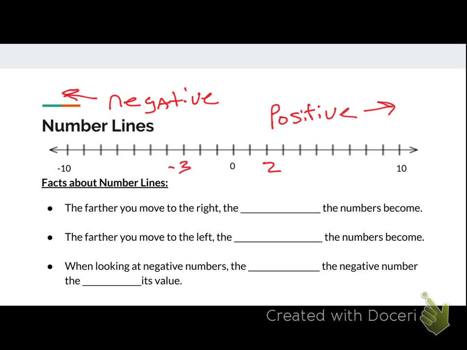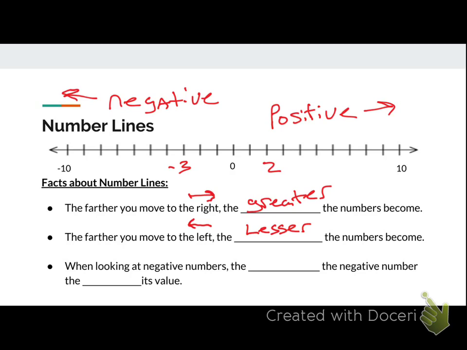Facts about number lines: the farther you move to the right, the greater the number becomes. The farther you move to the left, the lesser or smaller the number becomes.